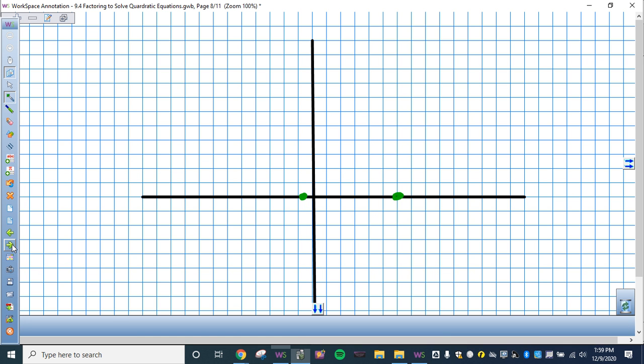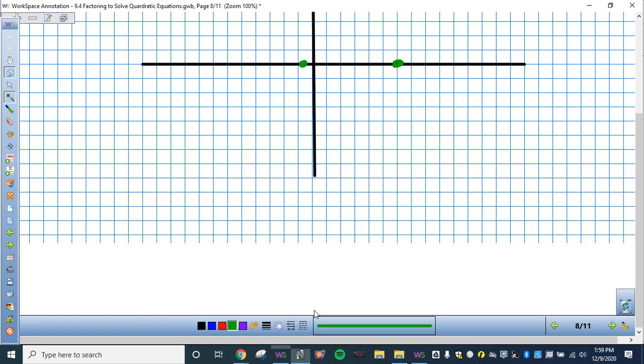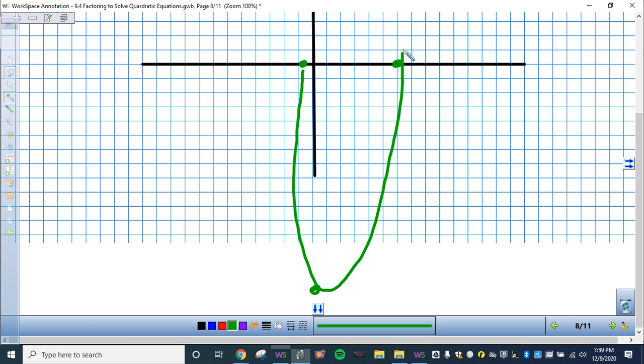So my negative 18 is off the graph, but let's say it would be like down here, and then you just have to draw it out. So it's hard to graph, right? You'd have to do the negative b over 2a thing to get the axis of symmetry to be able to graph, and then you got 0, negative 18, and the two other points, and then you could get the graph.